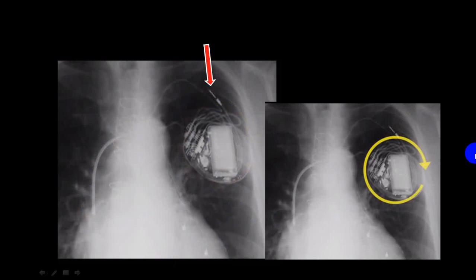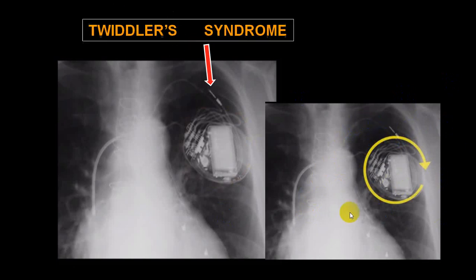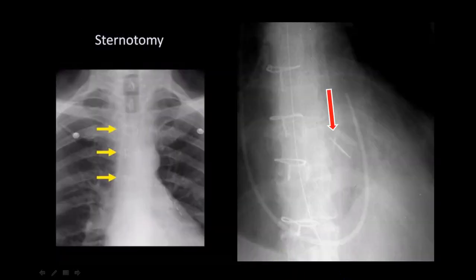And because of rotation, when he rotates in this direction, the catheter will come out, the pacemaker wire will come out, and it is rotated. This is called Twiddler syndrome. This happens very frequently in a person who has got a habit of touching that pacemaker box, which is put below the skin in this pacemaker space.